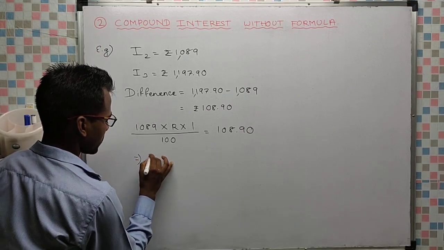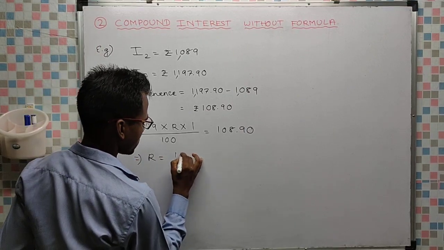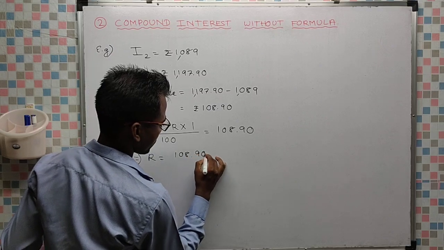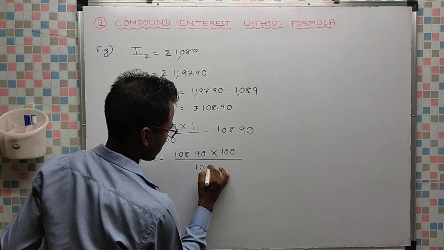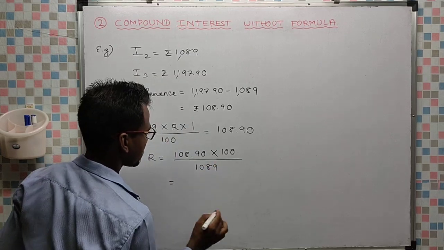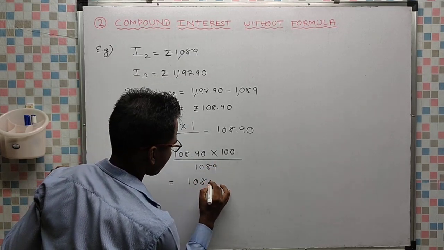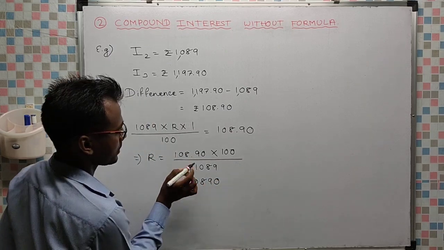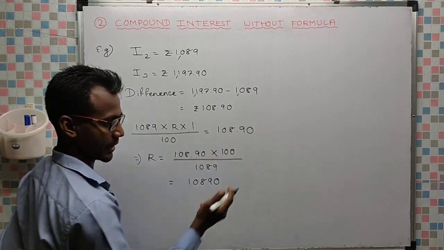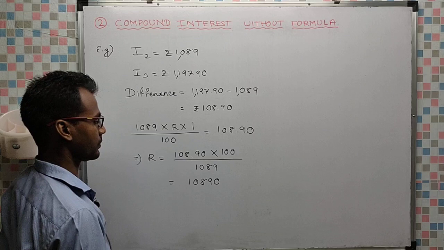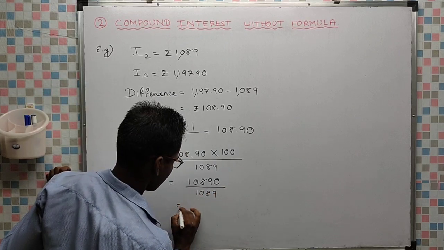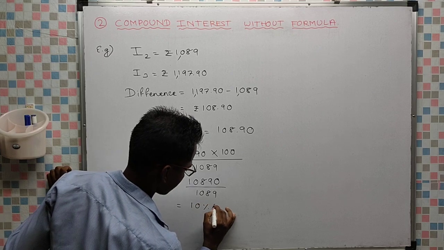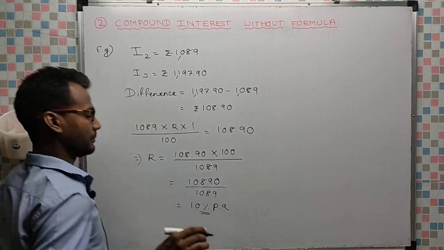So R is equal to 108.90 into 100 by 1089. The decimal will be removed, 108.90 into 100 by 1089, which is 10% per annum.